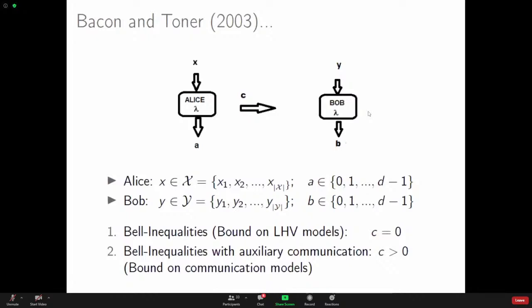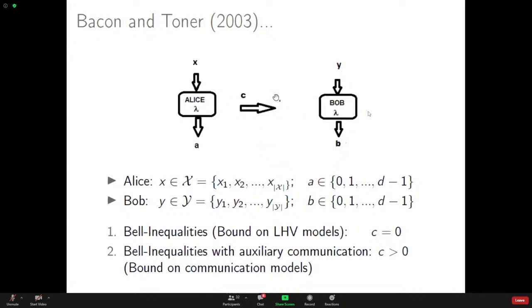So basically, here we have two parties, Alice and Bob, and a certain number of bits of communication C. This is the setting for deriving Bell inequalities with auxiliary communication. The usual or standard Bell inequalities give a bound on local hidden variables. In the derivation of usual Bell inequalities, no communication was allowed between Alice and Bob, so C was 0.